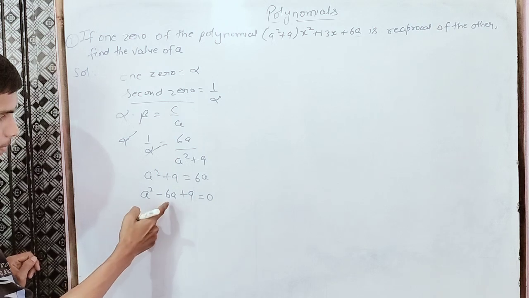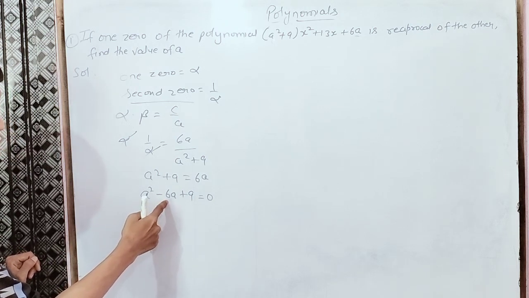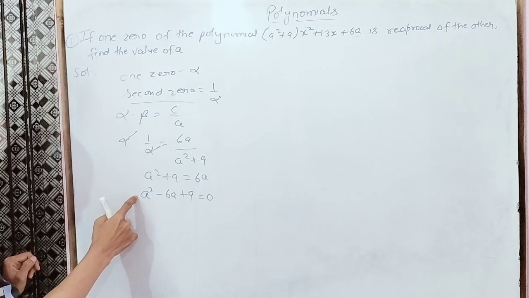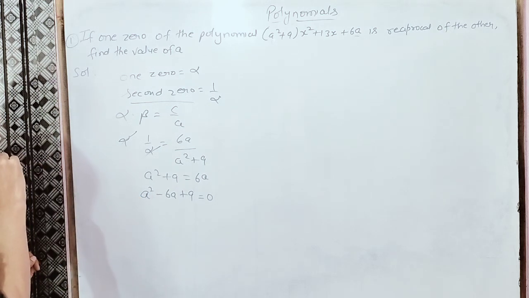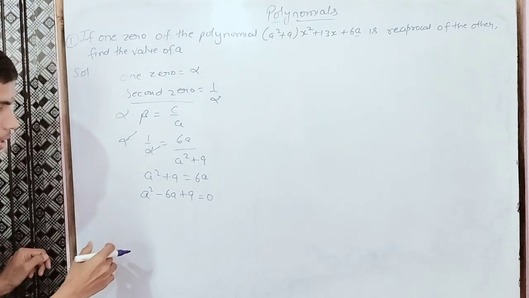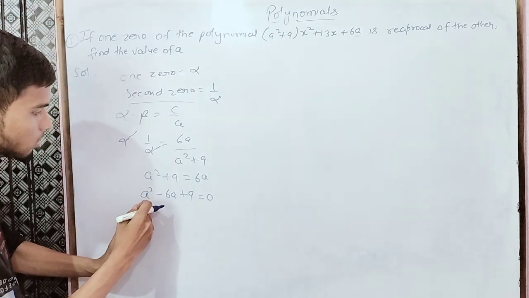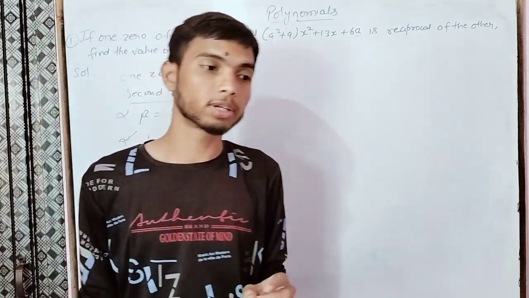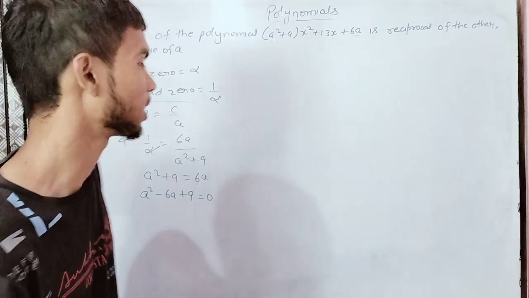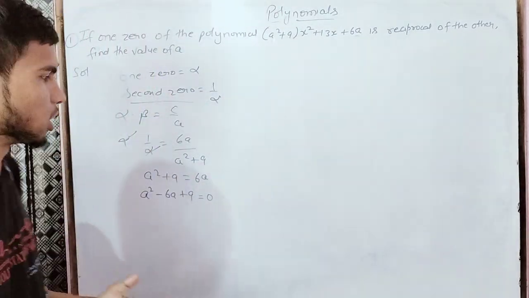So here this is 9 and this is a square. So can we say, here we are observing what? Algebraic identities. A square minus, I think a minus b square.